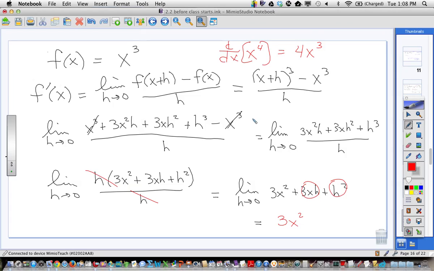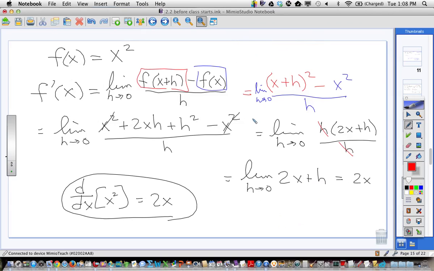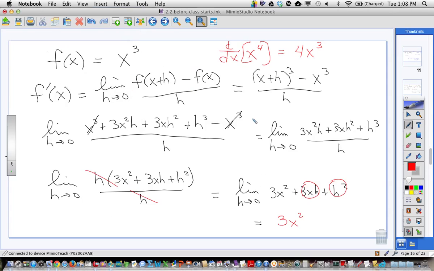That simple little pattern: bring the 4 down in front and drop the power by 1. I mean, that's what this last one seemed to do too. Bring the 2 down in front, drop the power by 1. So that would be x to the 1st. That came from slope and FOIL and Pascal's triangle and canceling. And there it came out in the end.